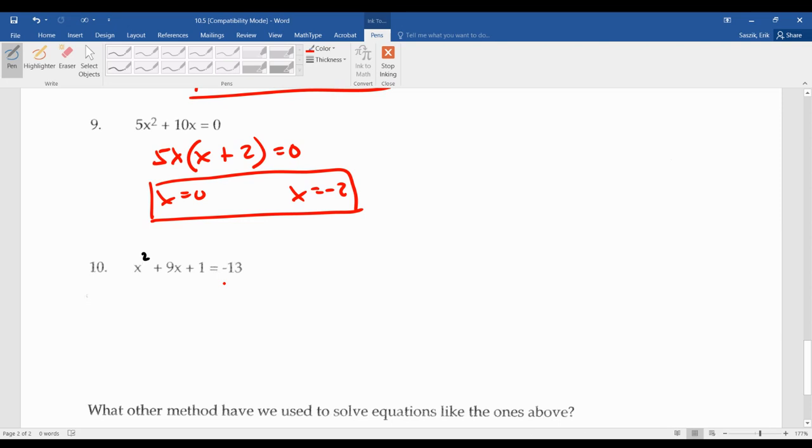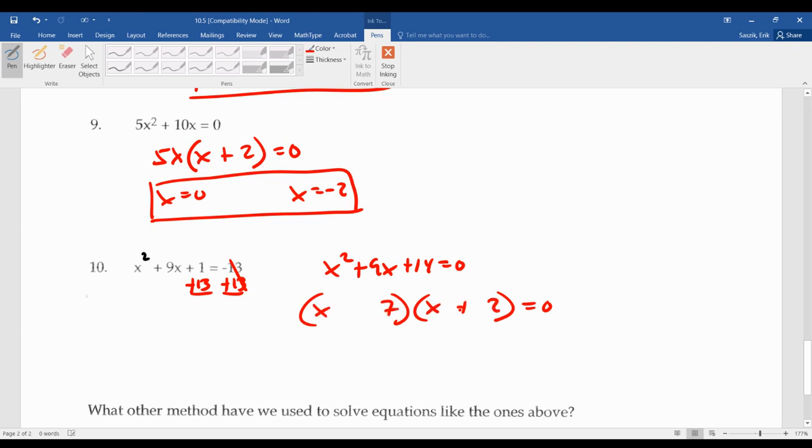We have to move that 13 over. You always have to be equal to 0 before you do this. So x squared plus 9x plus 14 equals 0. There's no GCF. We use 7 and 2. And we get answers of x equals negative 7 and x equals negative 2.